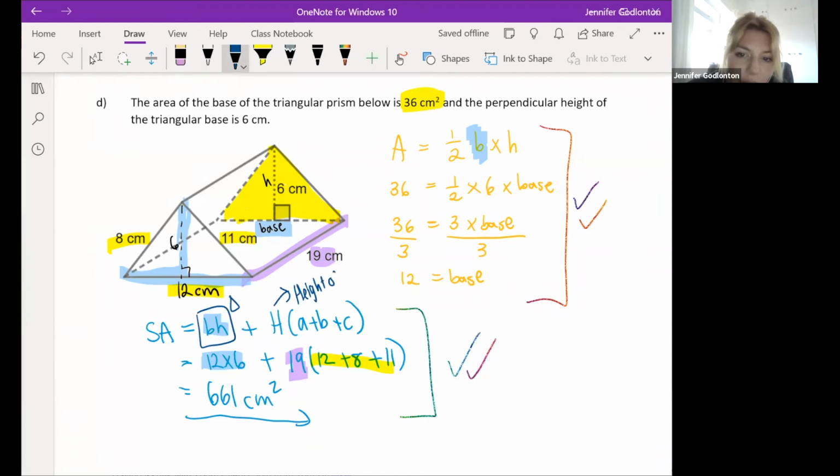And this A plus B plus C is always going to be the 3 sides of the triangle. So think about it in those 3 sections. All right. Okay. Thanks. No problem.